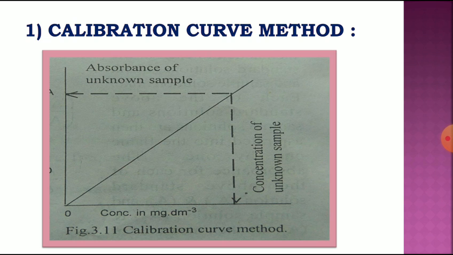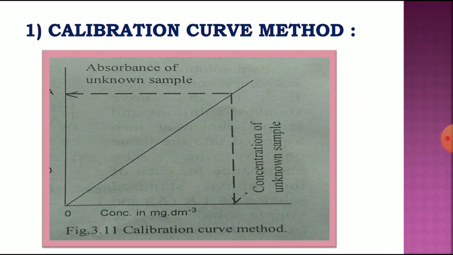With the help of the standard solutions we will get a straight line graph. Because we prepared standard solutions of increasing concentration, we get a straight line passing through the origin, right? But one unknown sample solution is remaining. For that solution also we have measured the absorbance, but we don't know the concentration.